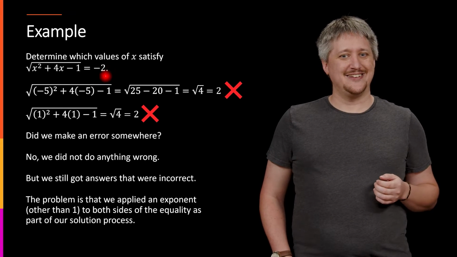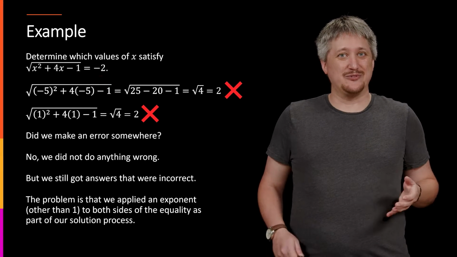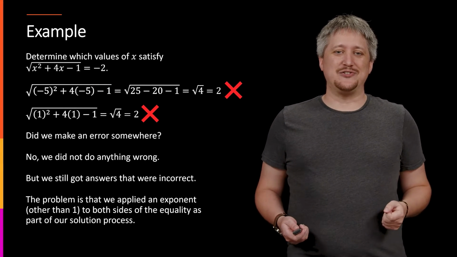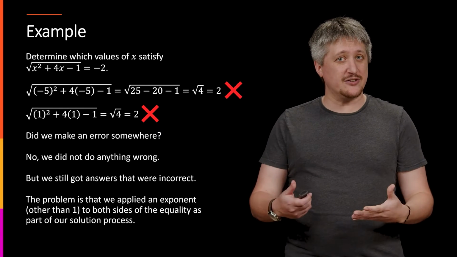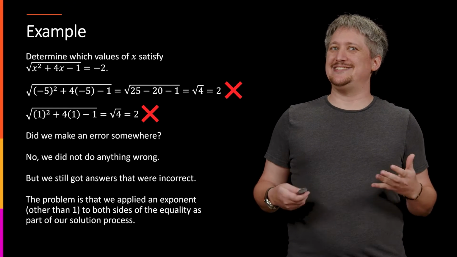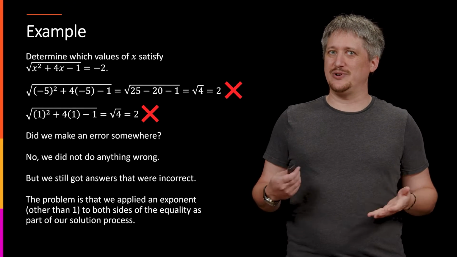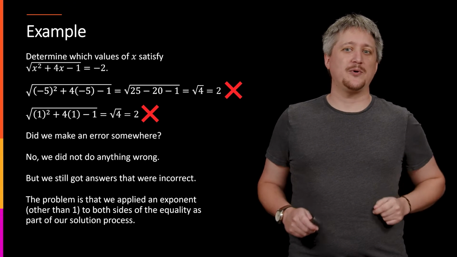That's downright shady. It can't equal a negative value. Square roots can't be negative. So really there was a big red flag right at the start with this particular problem. Unfortunately, not all extraneous solutions are that easy to see, but this is a nice thing to notice right off the bat, okay?